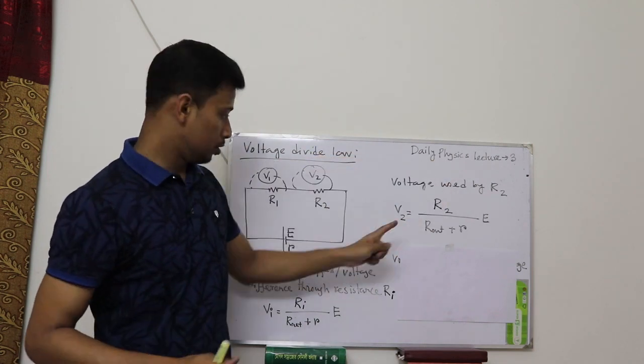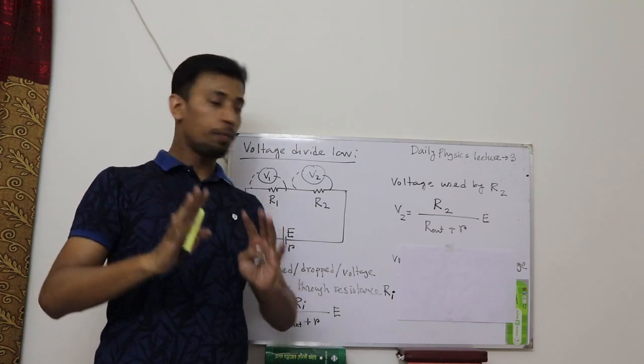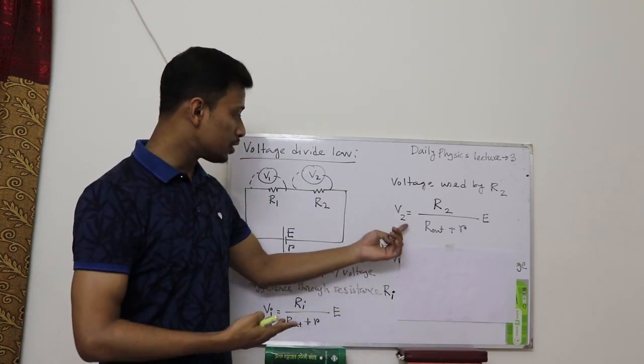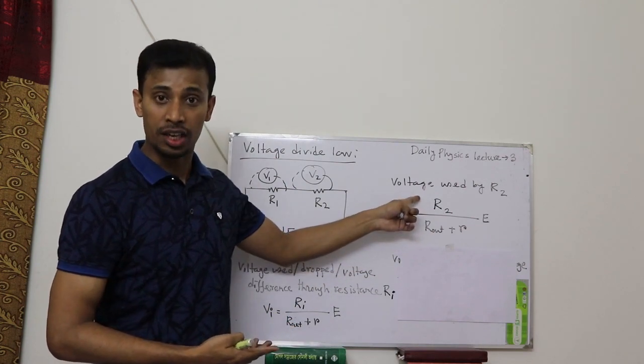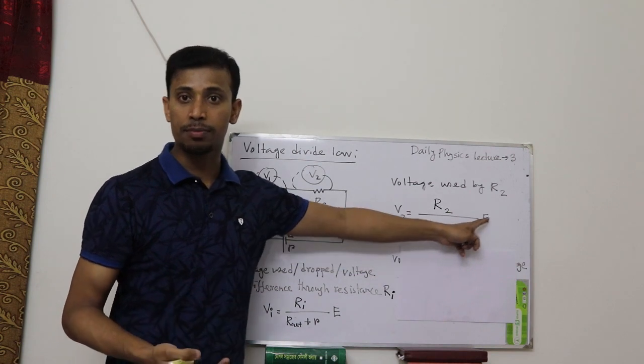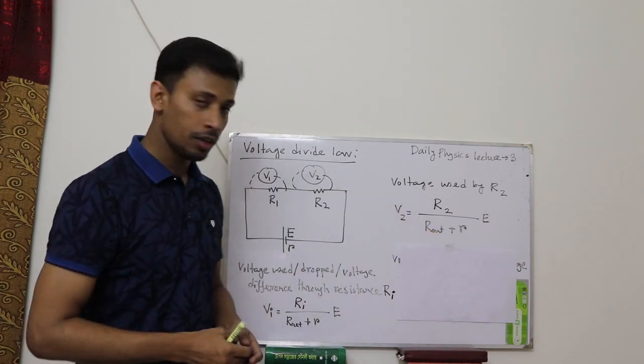I hope you get it. For a particular resistance, we put that resistance at the top, and at the bottom the total equivalent resistance plus internal resistance, multiplied by the EMF.